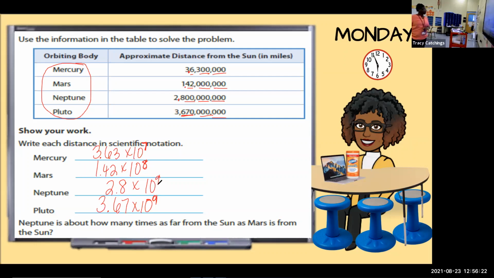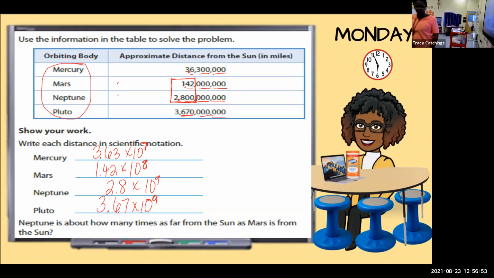All right, at the bottom it said Neptune is about how many times as far from the sun as Mars? So this is Mars and this is Neptune. I'm gonna box in that piece right there. So they went from 142 to 2,800.